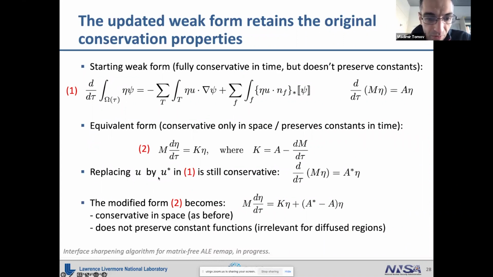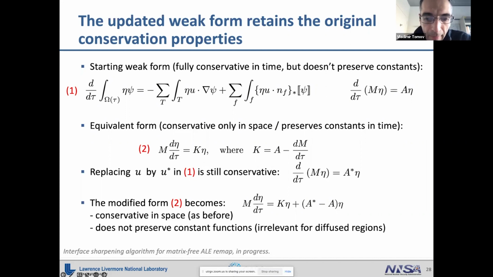What you do now, you replace the standard velocity with this modified velocity on the right-hand side here, which means that I'll move the mesh the same way, but I'll not move the material the same way. I will make this nonlinear correction only in the diffused regions.